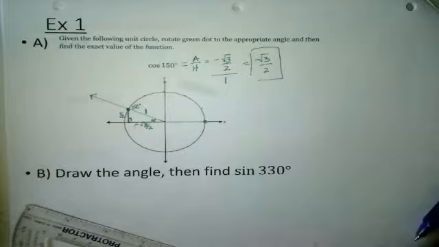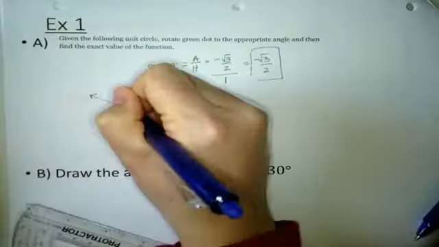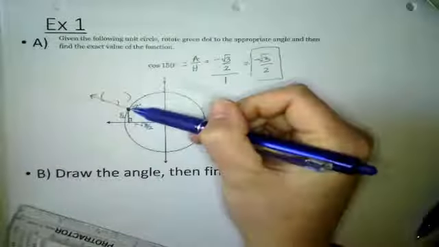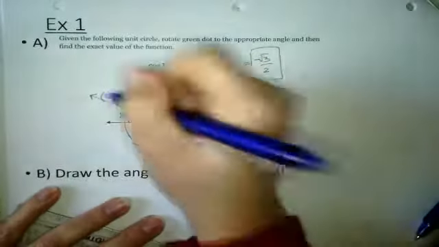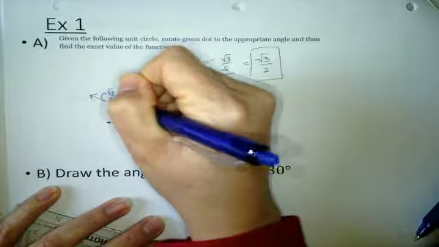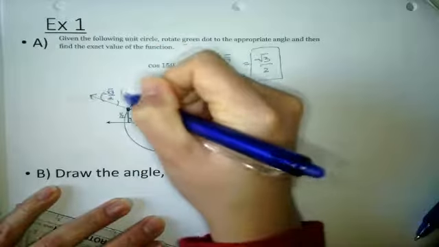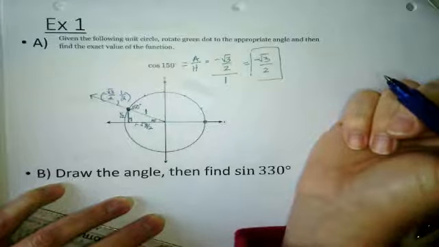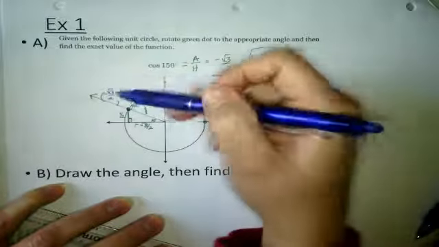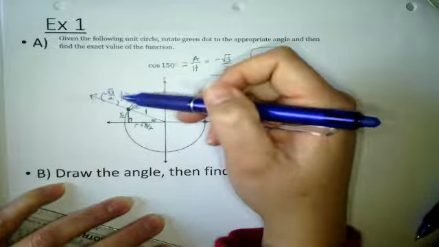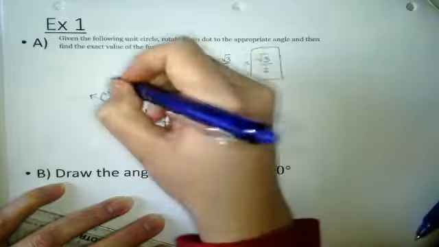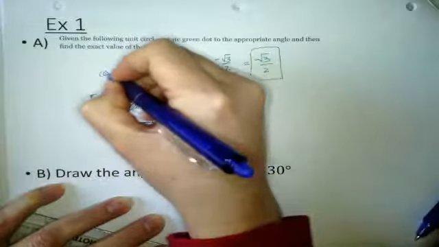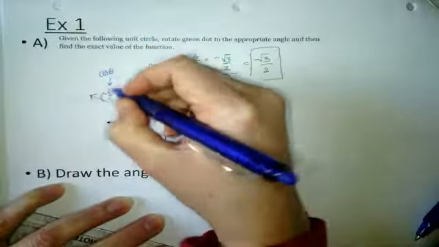So let me give you the shortcut. The ordered pair for this 150 degree angle from our unit circle was negative radical 3 over 2 and up a half. That was the ordered pair. The beauty of the unit circle is that if you know the ordered pair, then the cosine of 150 degrees is just the x coordinate.